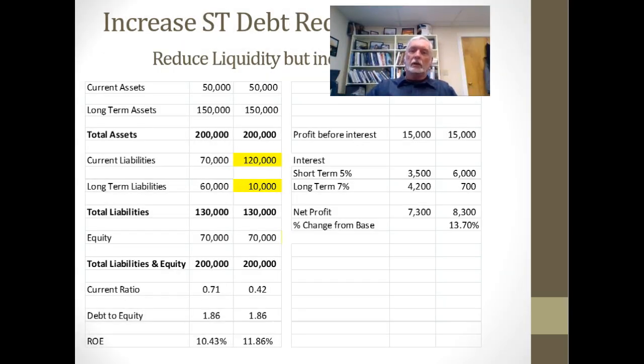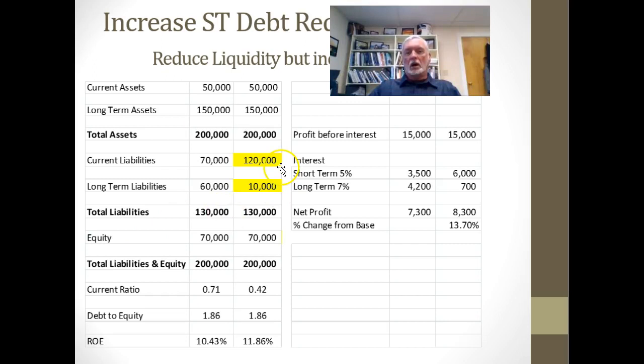Okay, so now the next one, I'm going to do a different kind of financial engineering. I'm going to increase my short-term debt and reduce my long-term debt. This has a different impact. It increases my earnings, but it also increases my risk.